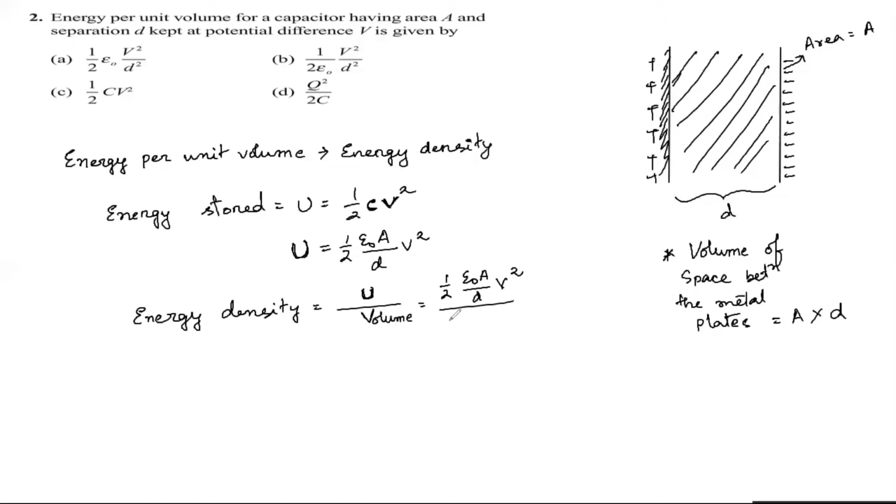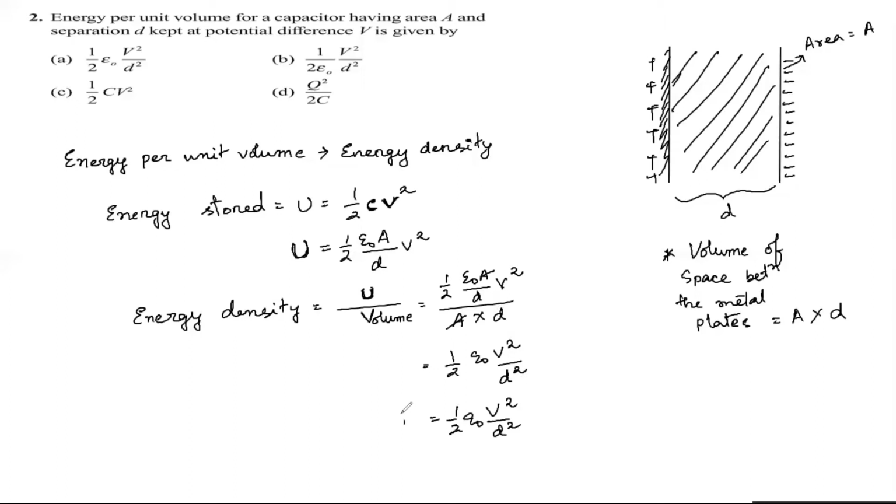The volume of the space is nothing but A multiplied by d, area into separation between the plates. Okay, so if you simplify this, the area gets cancelled, and this becomes epsilon naught V square by d. There is one d there, so it is going to be in the denominator part. So you will have a d square term in the denominator. Okay, so this is how you can evaluate the energy density value.